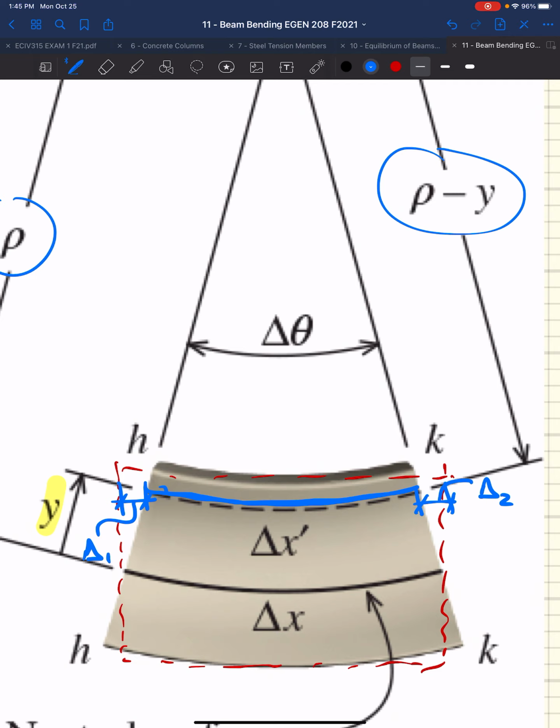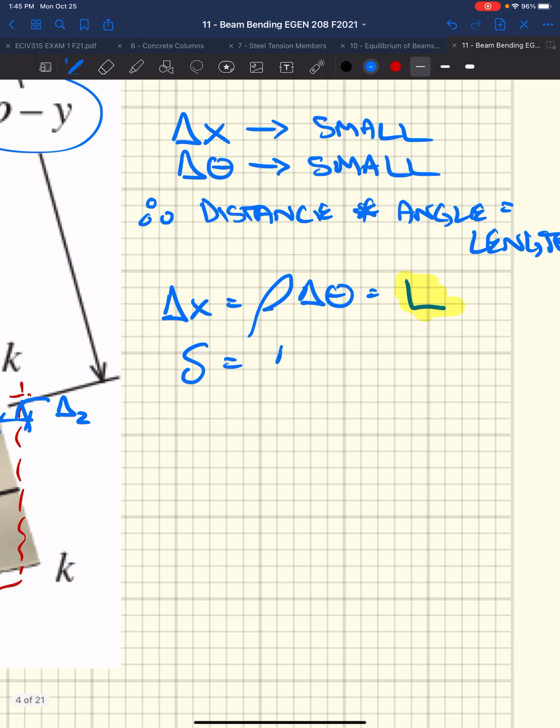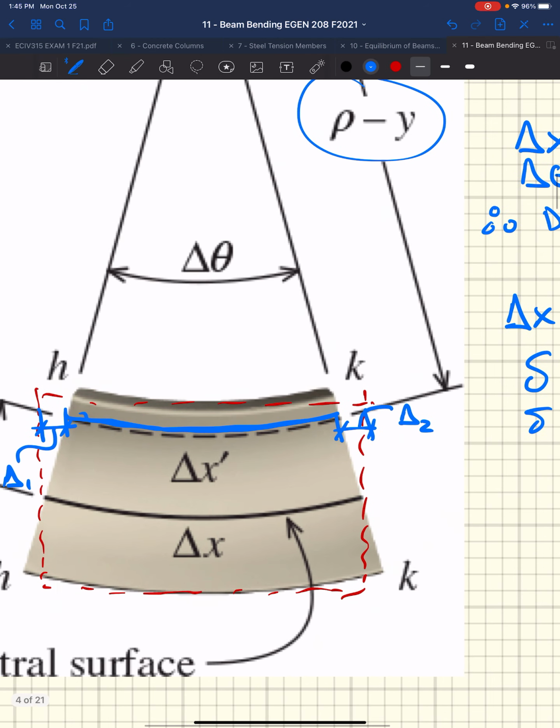On both sides, it's going to be symmetrical. We have the same amount of loading on both sides, so we have this delta 1 and delta 2. So our change in length is really delta 1 plus delta 2, which is just the change in length between our original length, delta x, and this new length, delta x prime. Delta x prime plus delta 1 plus delta 2 is delta x. So the difference between the two is essentially our deformation.